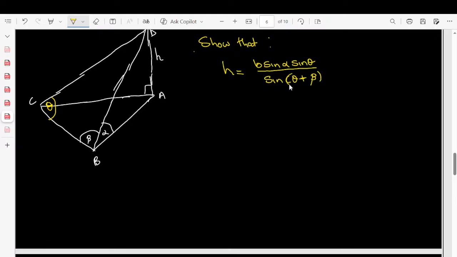Guys, when I have this type of question and I'm sitting in an exam and I see a question like this one, what am I going to do? What is the first thing that comes to your mind? Because the most important thing about solving these math problems is for you to know where to start.